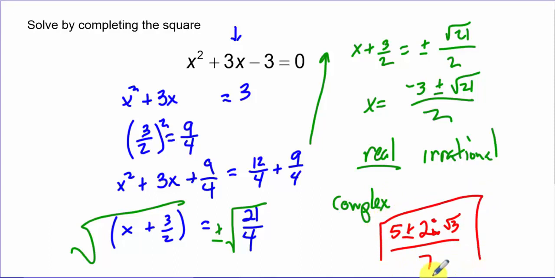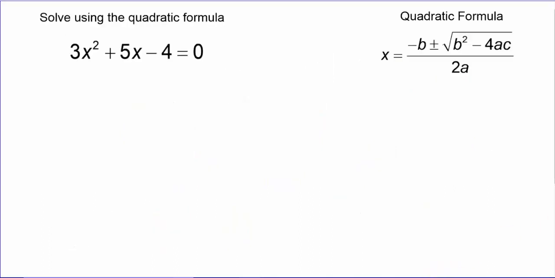And if I got an answer like that, and they just asked you to solve by completing the square, that's an actual answer. Now that we have complex numbers in our lives, that's an answer. Now, if it said, find all real solutions, then this is not a real solution, and you could then say, hey, this has no real solutions. All right.